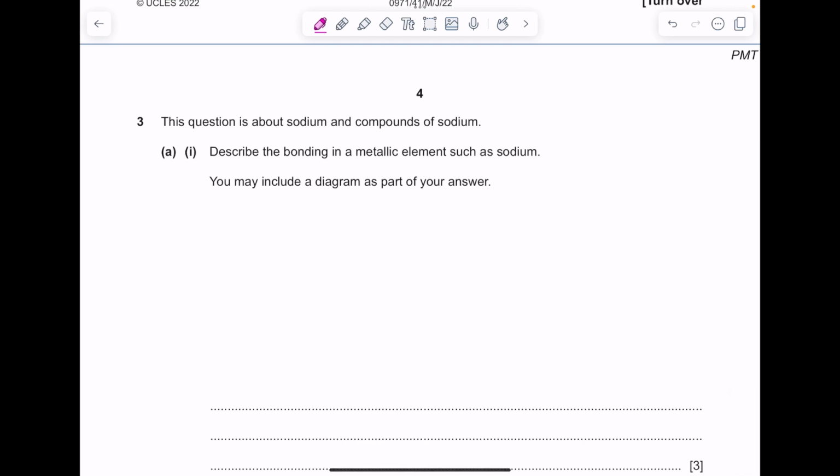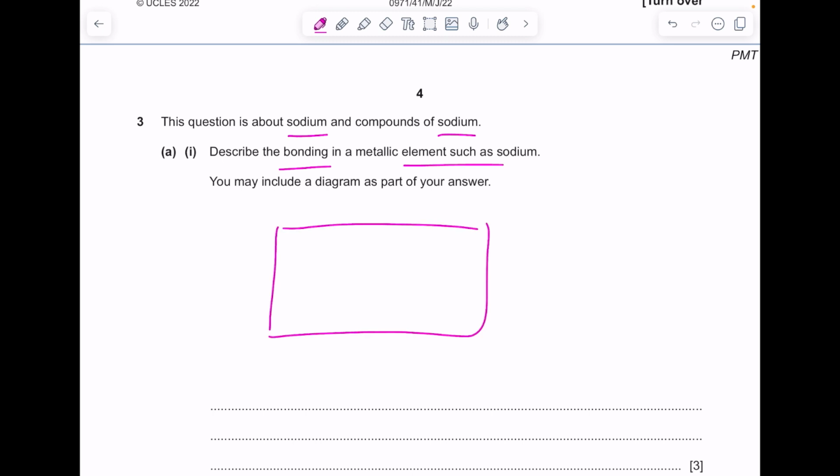This question is about sodium and compounds of sodium. Describe the bonding in a metallic element such as sodium. You may include a diagram. So sodium is made up of a regular arrangement of positive metal ions surrounded by a sea of delocalized electrons. Remember, it does metallic bonding.